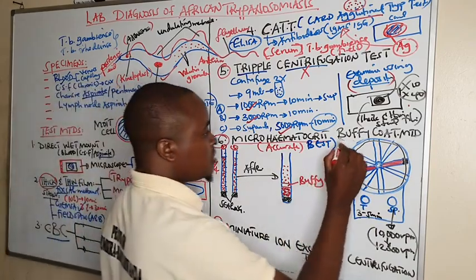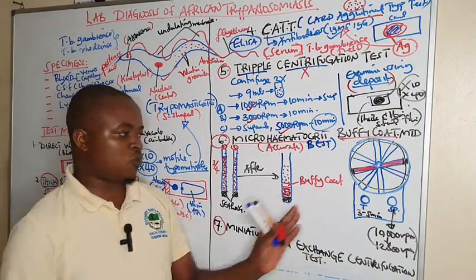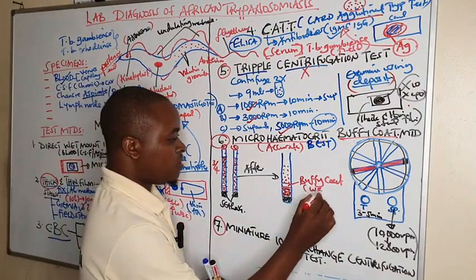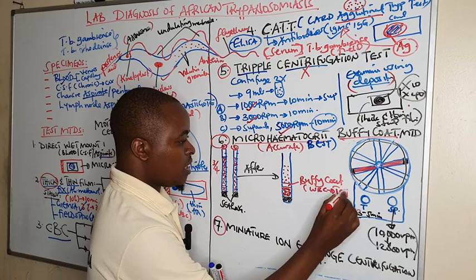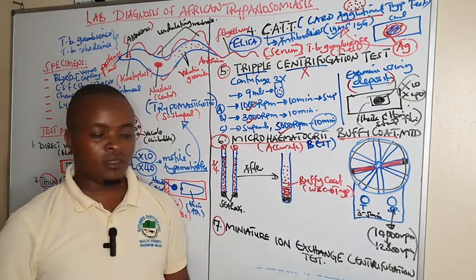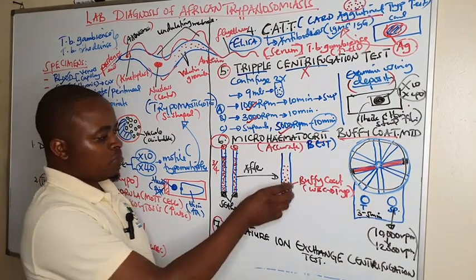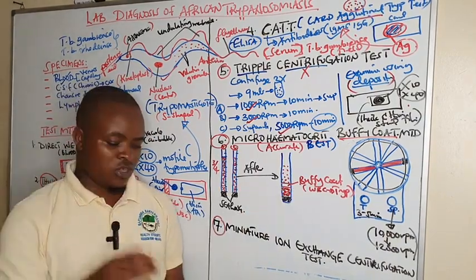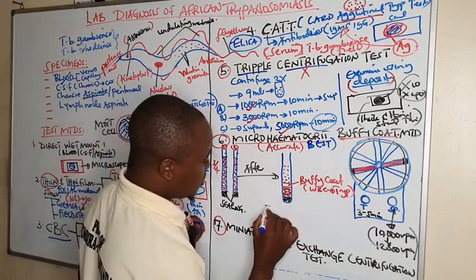Then buffy coat, because trypanosomes are found in the buffy coat where we find the white blood cells, because their density is the same as white blood cells and platelets. So they are concentrated in the buffy coat. After obtaining this, what you do, this is the microscope slide.